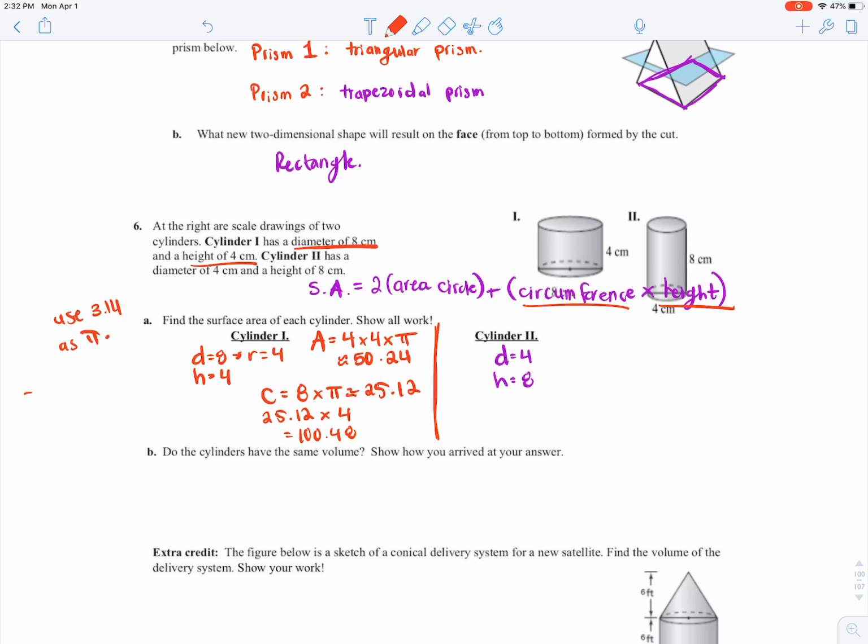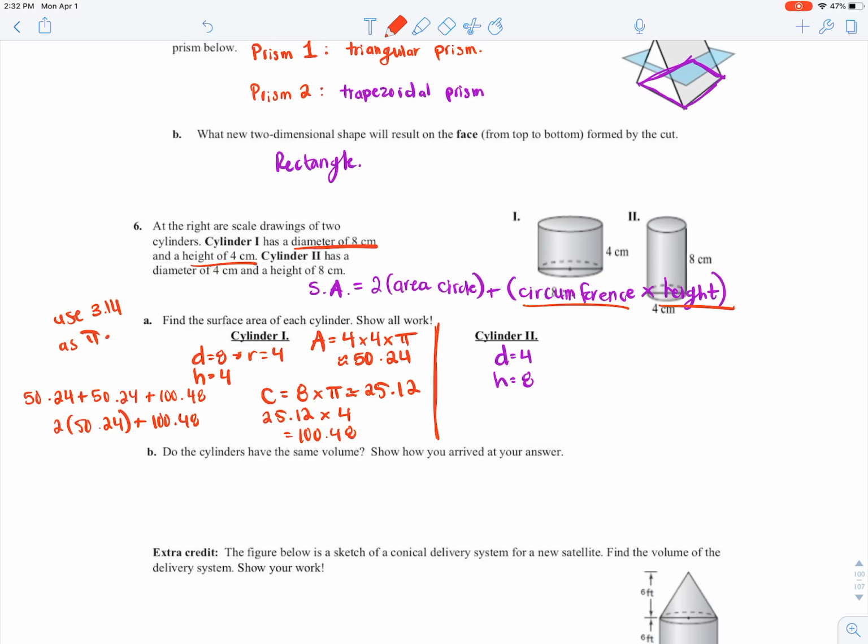Okay, so I have 50.24, but that's only one circle, so I need to add another 50.24 plus 100.48. Or if you're fancy, you can do 2 times 50.24 plus 100.48.